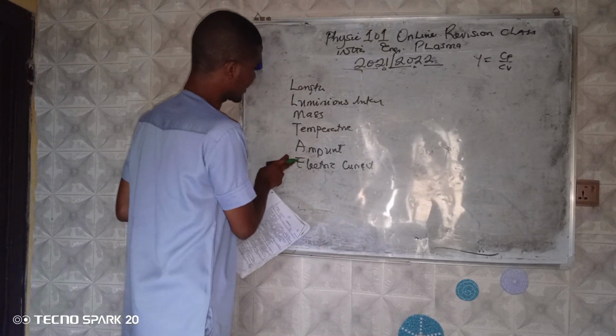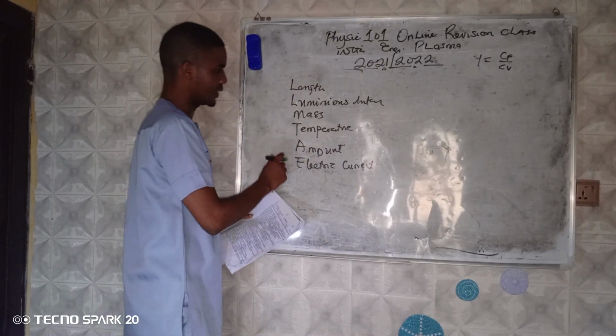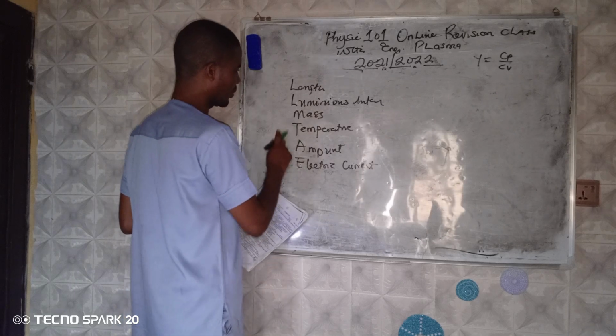One, 2, 3, 4, 5, 6. It's a local mistake. D. Okay, we have temperature, we have time.